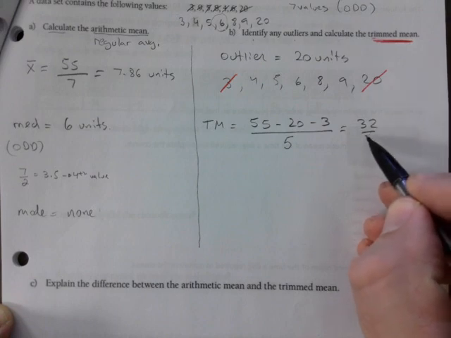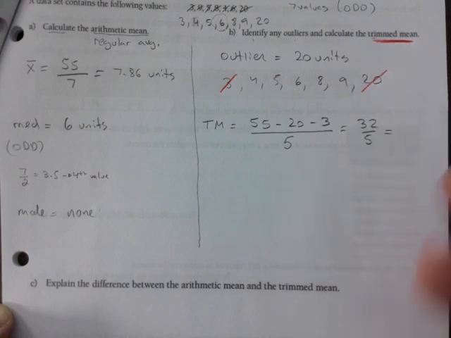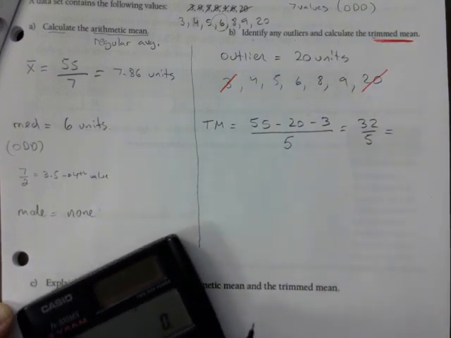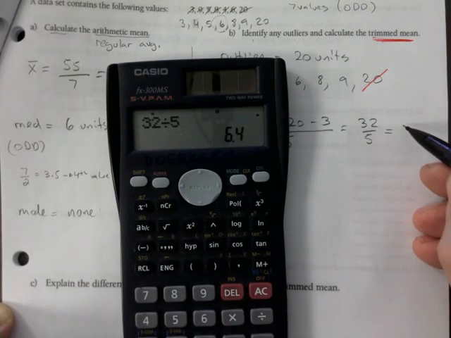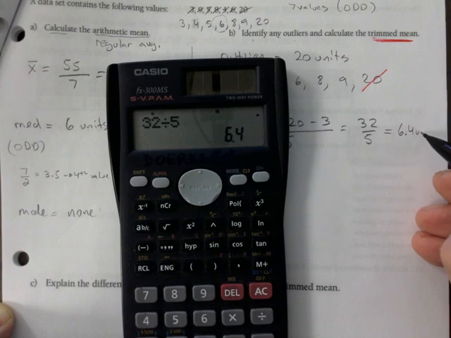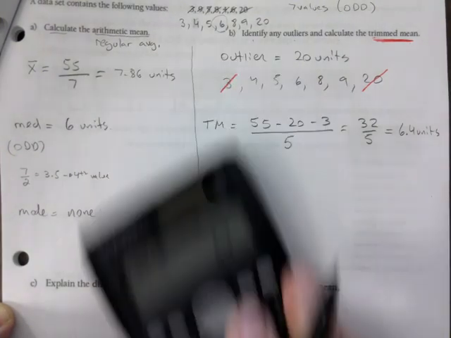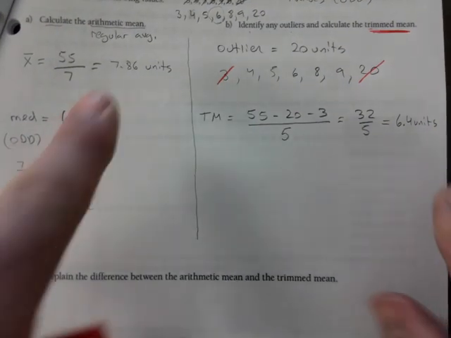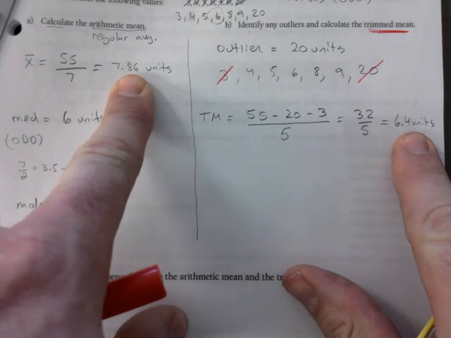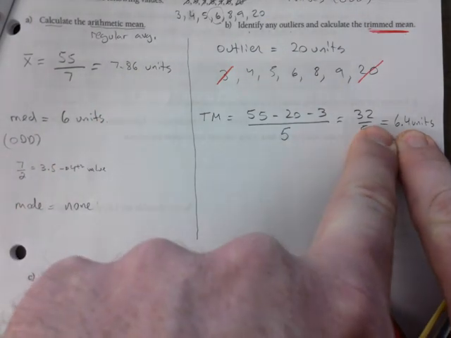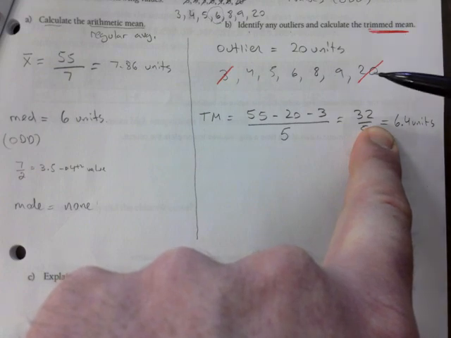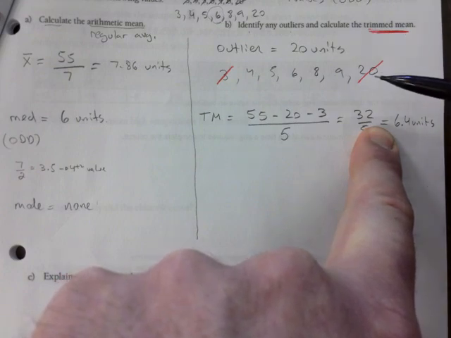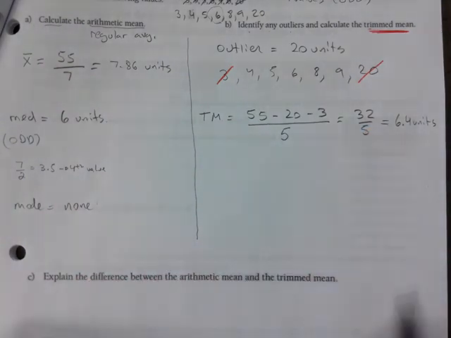Yeah, 32 divided by 5. 6.4. Yeah, 6.4 units. So let's compare before and after. Right? Did we expect a drop? You would say so, right? Because the higher outlier was pulling it up, removing it brings it down. Okay.